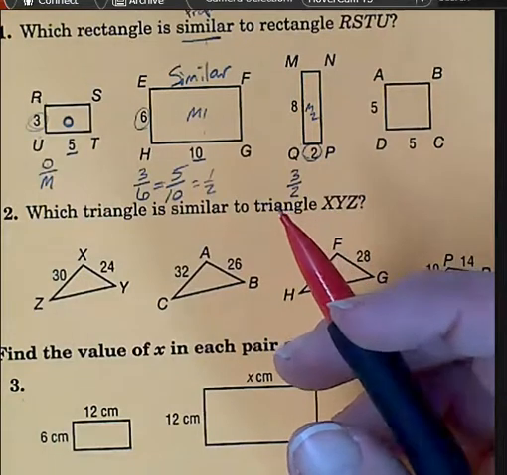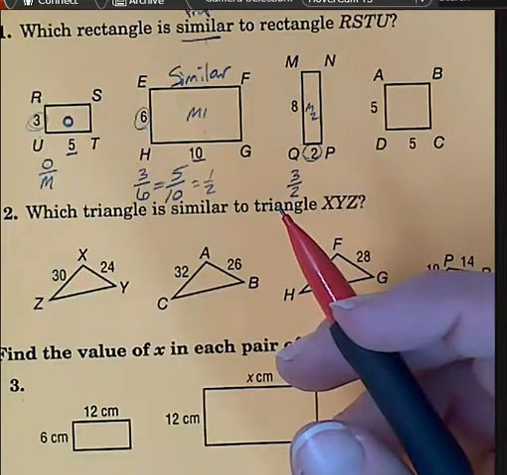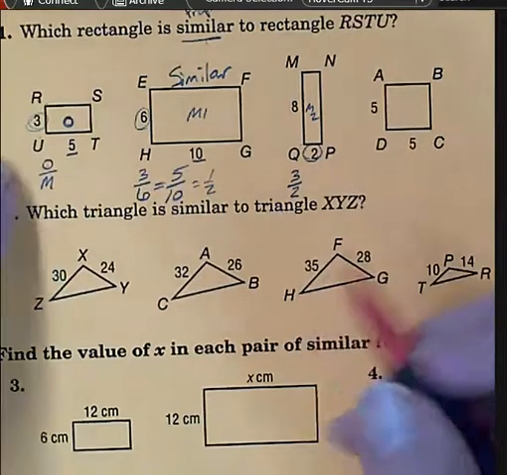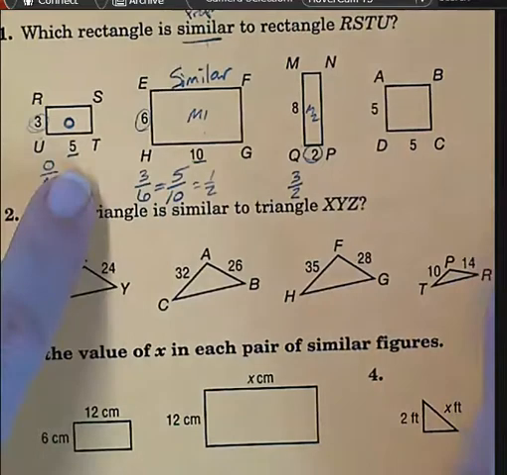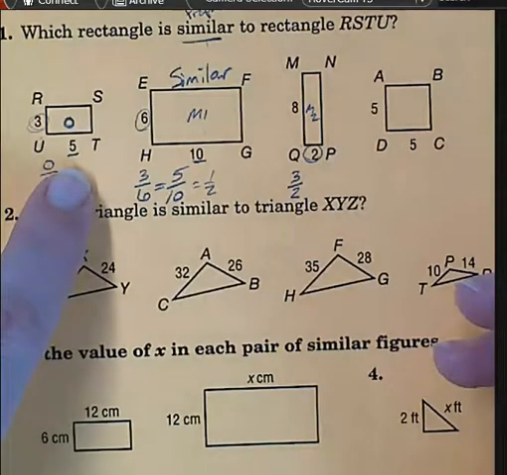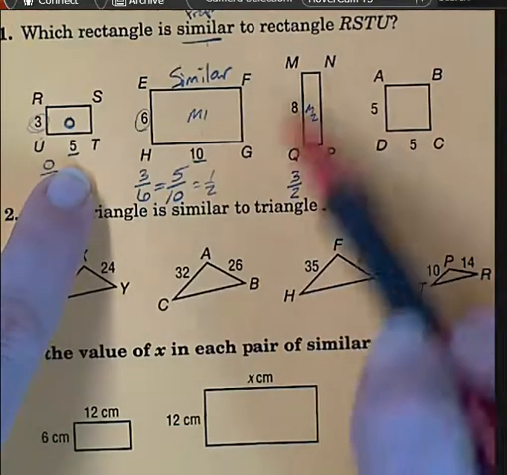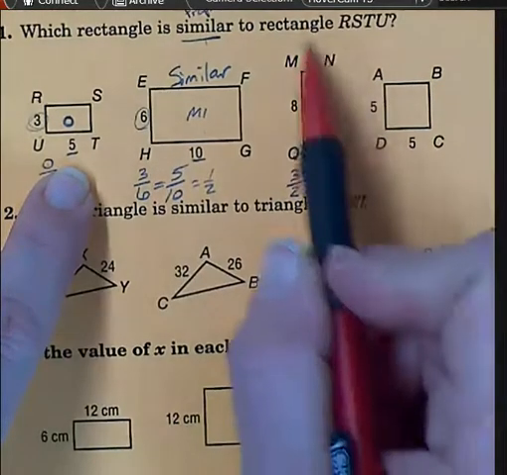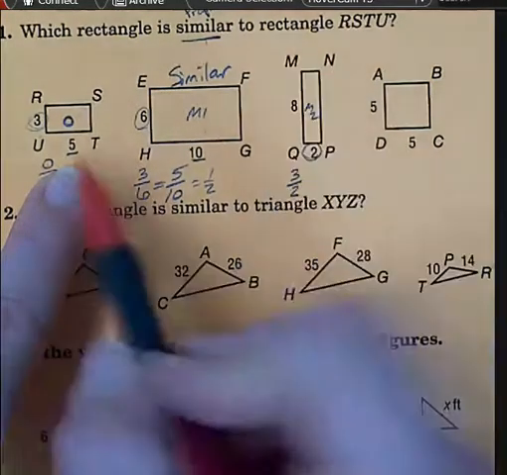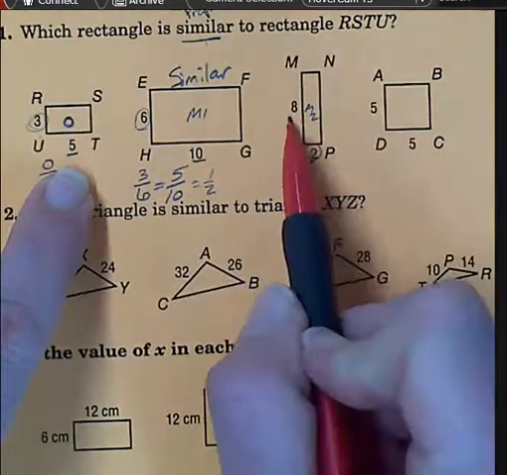So we need 2 more corresponding sides. Which other 2 sides correspond to each other? Which ones? Can you give me some numbers? I'll pick this one, 5. Which one corresponds to 5 over here? There is no 5 on this shape. 5 and 8 correspond.